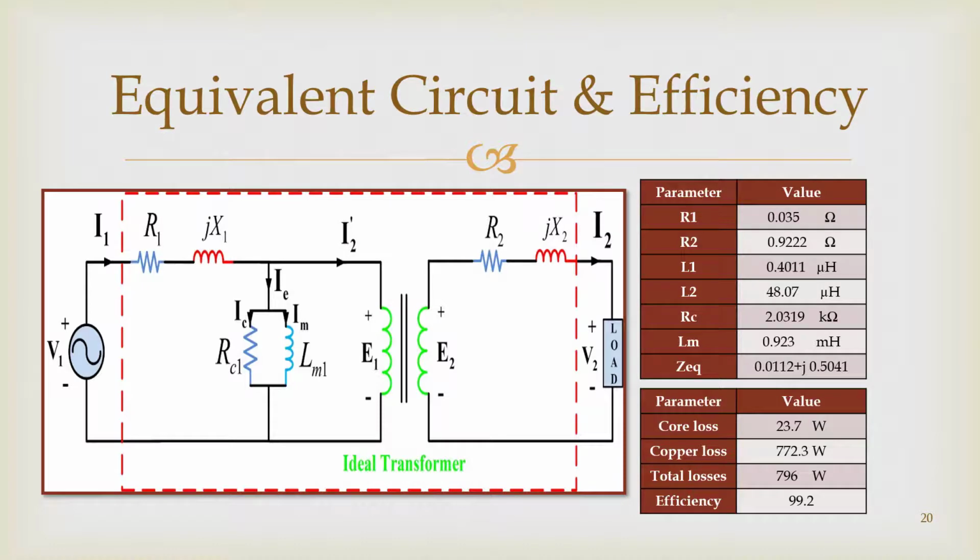Then we proceeded to calculate the core loss, which was approximately 24 watt, and copper loss, approximately 772 watt, which sum up to 796 watt as the total loss. Then we calculated the efficiency of the transformer, which was approximately 99.2%.